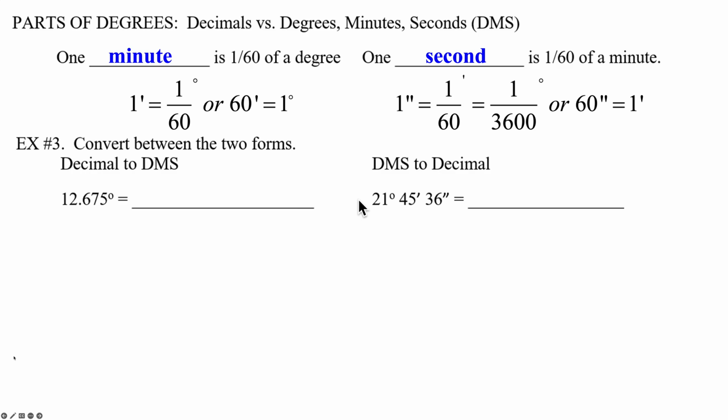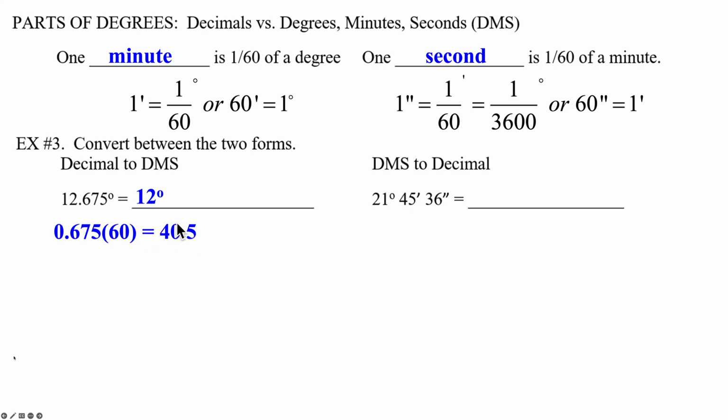If we're going to convert between these two forms, and again, you're going to have to demonstrate this by hand, show all the work on the test, so practice this as much as possible. To go from 12.675 degrees into degrees, minutes, and seconds, we already have our whole degree, so put 12 degrees in your answer. To get to the minutes and seconds, take the decimal portion, 0.675, and multiply it by 60. That's 40.5.